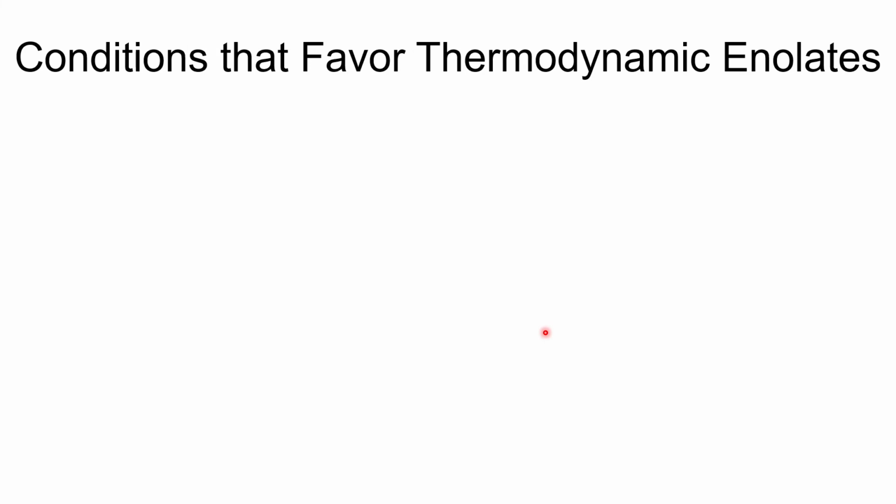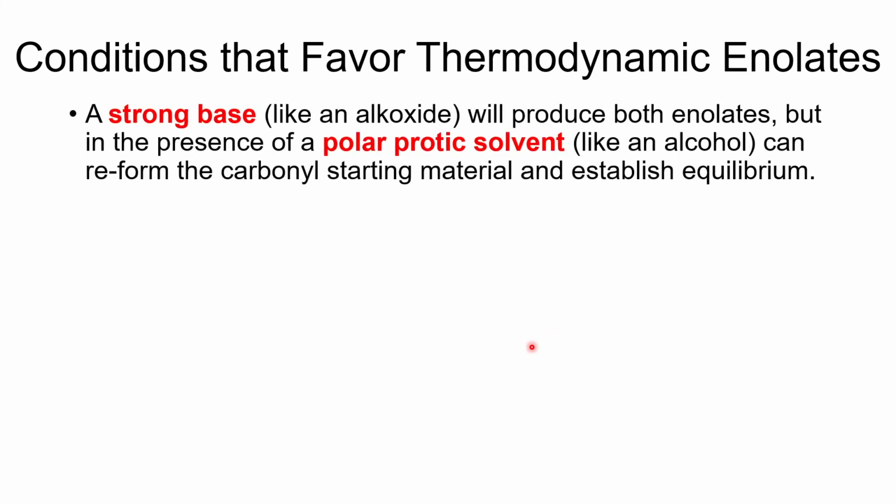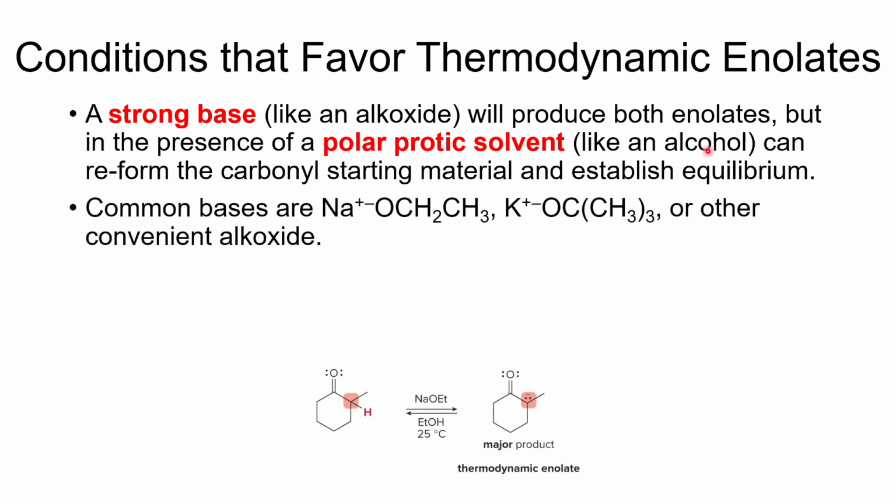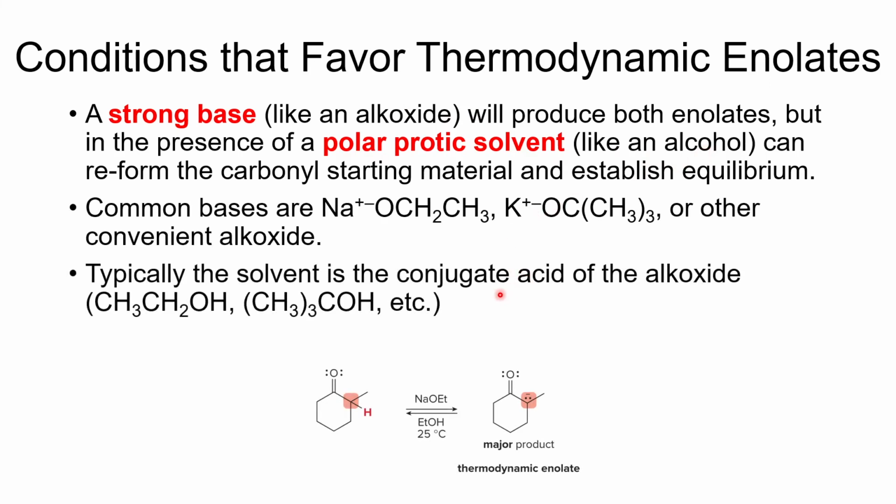Now, conditions that favor the thermodynamic enolate. We still want a strong base, but we don't want one that's as strong as LDA. So we're typically going to use an alkoxide, and there's a couple of different options that we like. And we typically will use a polar protic solvent, like an alcohol. Now, if you have an alkoxide and an alcohol, your best choice is to use the solvent that is the conjugate acid of that alkoxide.